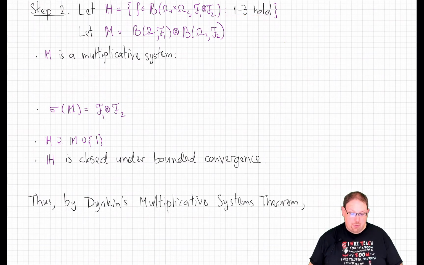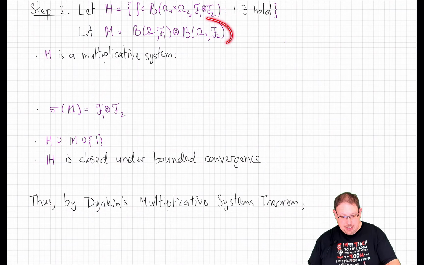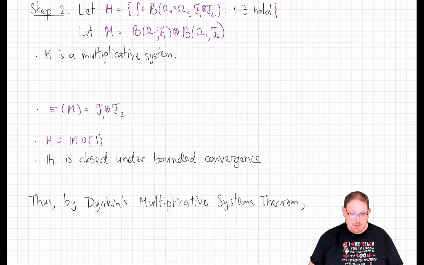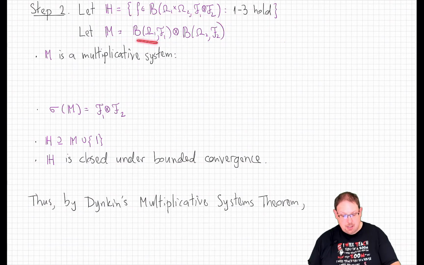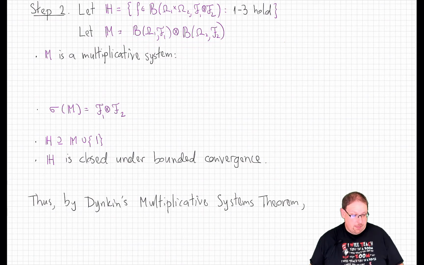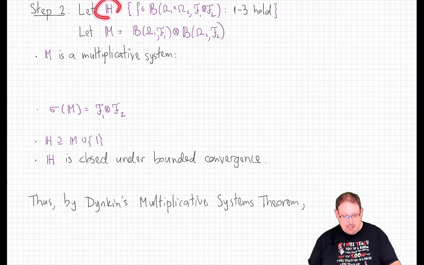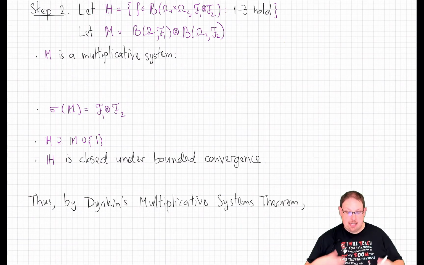What we've shown so far is that this subset of them, the set of tensor product functions that happen to be bounded in each variable, do satisfy conditions 1 through 3 of the theorem. Well, we'd like to show that, therefore, this space is big, contains everything that is measurable and bounded. And the way to do that is to show that this is a multiplicative system inside here, and that this is closed under bounded convergence.